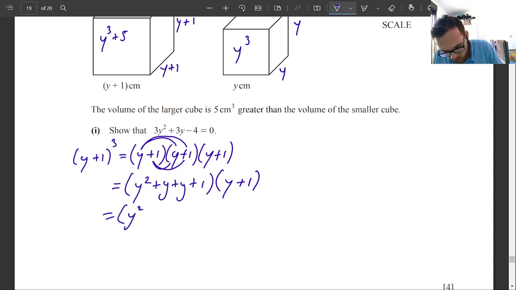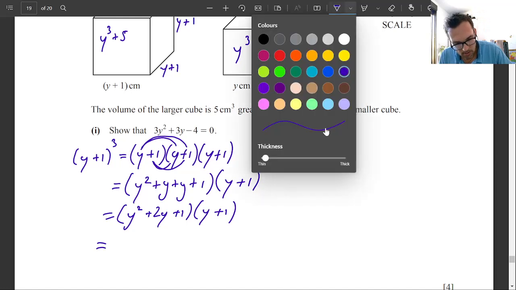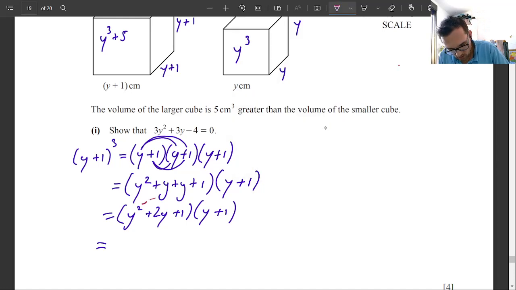So that will be y squared, y plus y is 2y, plus 1, and y plus 1. Now we're going to multiply everything in the first bracket with everything in the second bracket. Let's bring in some color. First of all, y squared times y will give me y cubed. y squared times 1 will give us y squared.